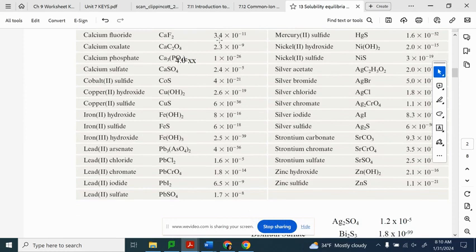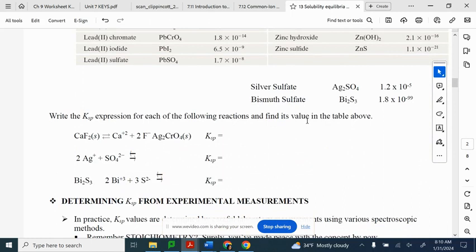We see that that is 3.4 times 10 to the negative 11. Is that what yours is, or did I change yours to 4? Okay. I have my 4s over here, and then it got moved over. Okay. So yours is going to be 4.0 times 10 to the negative 11.